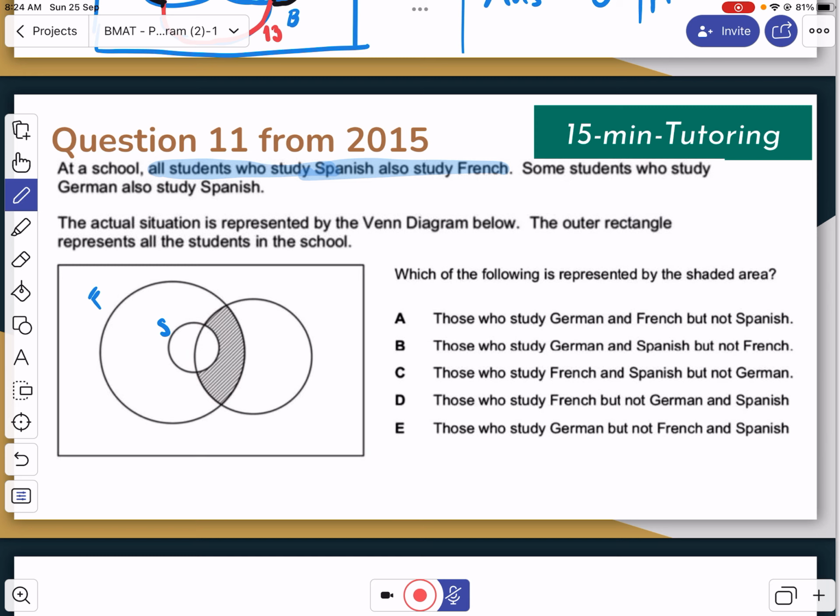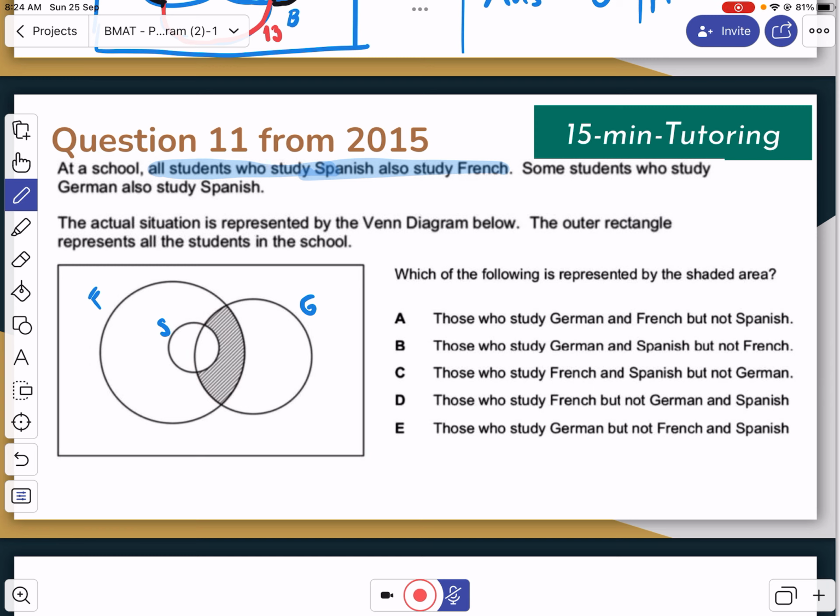In set terminology, when we say all students in Spanish are in French, we are essentially saying Spanish is a subset of French. Now, if we figure out F and S, we know that the remaining circle must be German.